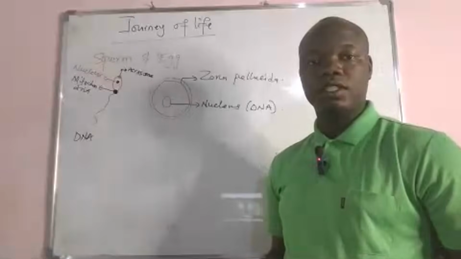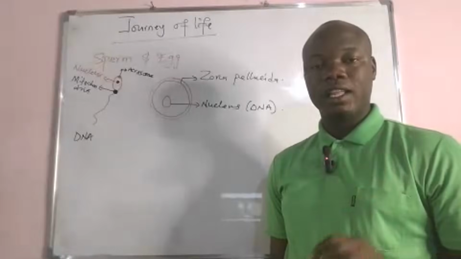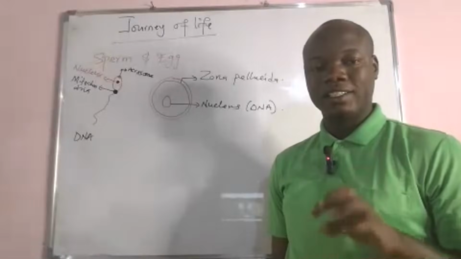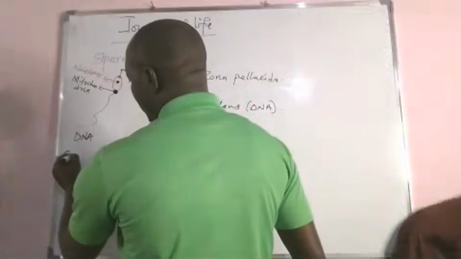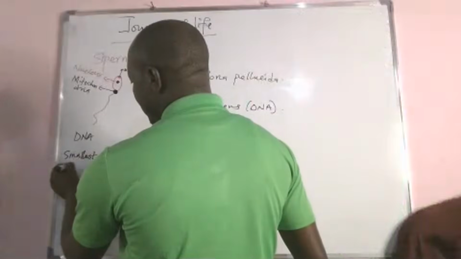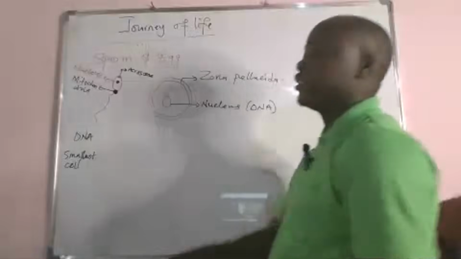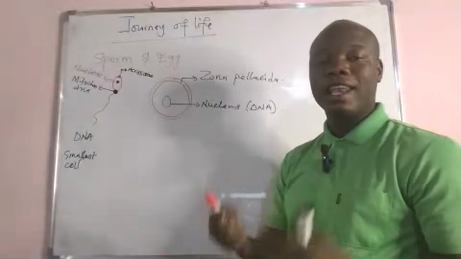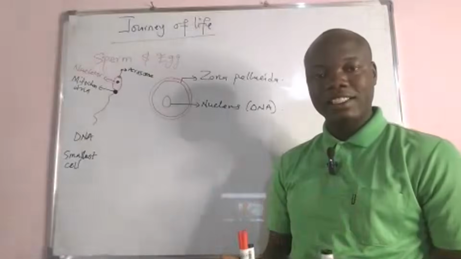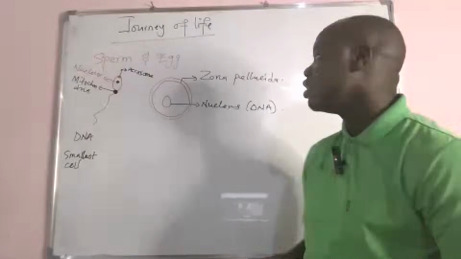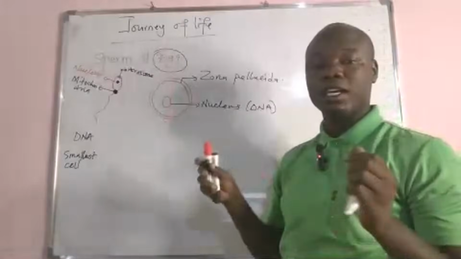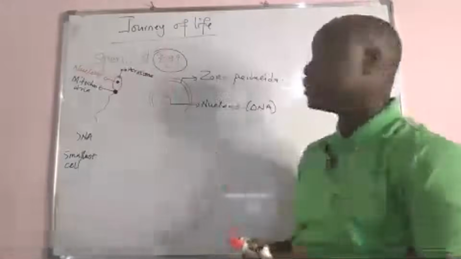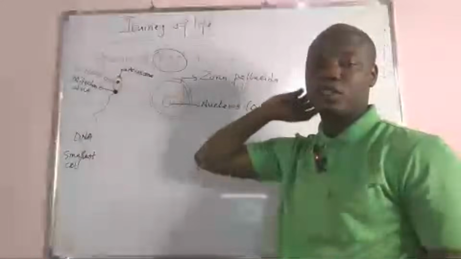The smallest cell found in humans is the sperm cell. And the largest cell found in humans is the egg cell. So this is the largest cell, the biggest cell, and this is the smallest cell, which is the sperm cell.